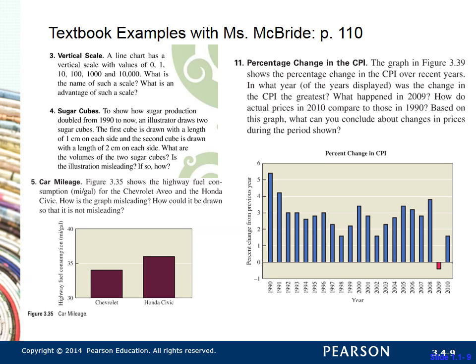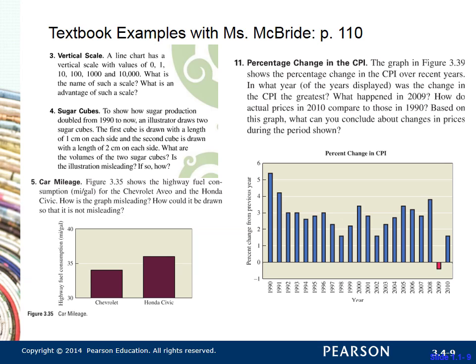All right, sugar cubes. To show how sugar production doubled from 1990 to now, an illustrator draws two sugar cubes. So remember, a cube is length times width times height. So the first cube is drawn with a length of 1 centimeter. So if you envision that, that would be 1 times 1 times 1. Its volume is just going to be 1 centimeter cubed. But the second cube is drawn with a length of 2 centimeters on each side. This is like the TV one.